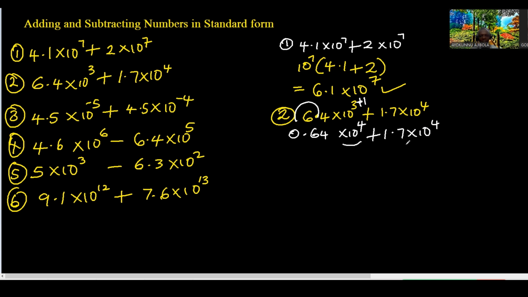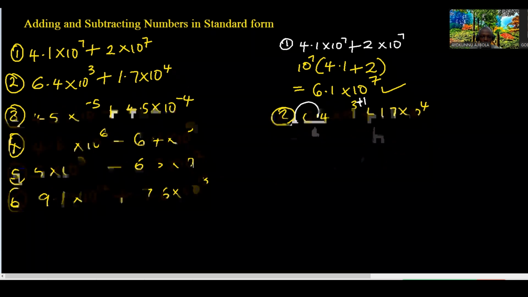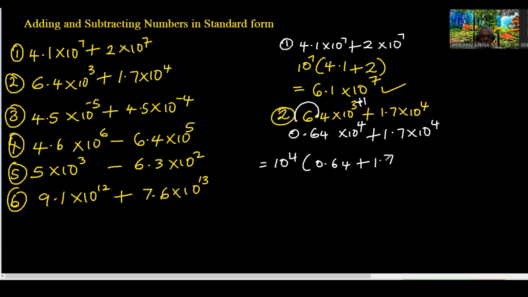So now they have the same power, then I can follow the same method to do addition. So that will be 10 raised to power 4 is common into 0.64 plus 1.7. So what I need to do right now is just to add 0.64 and 1.7.